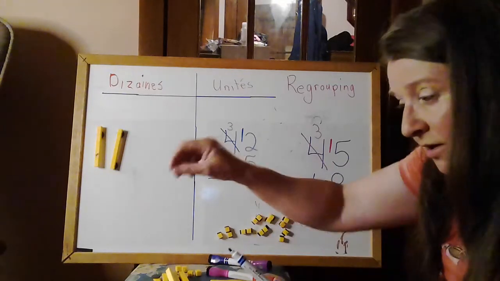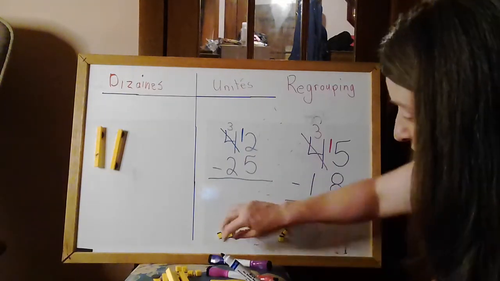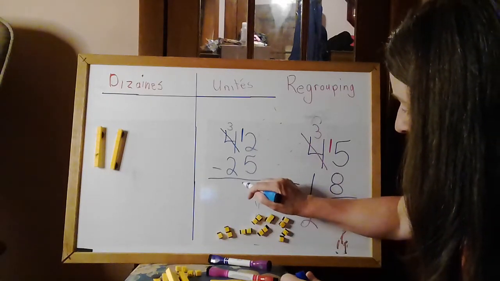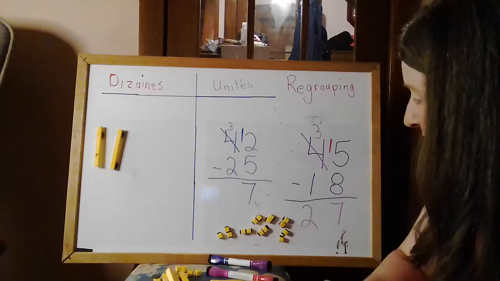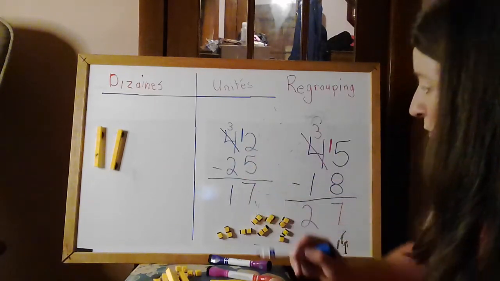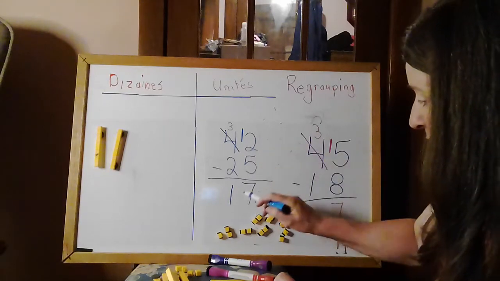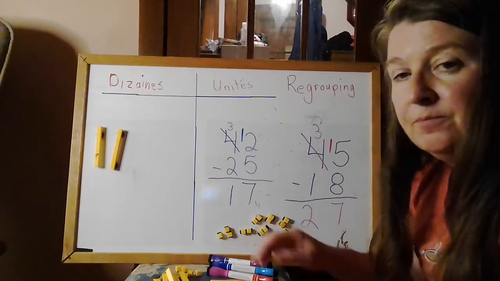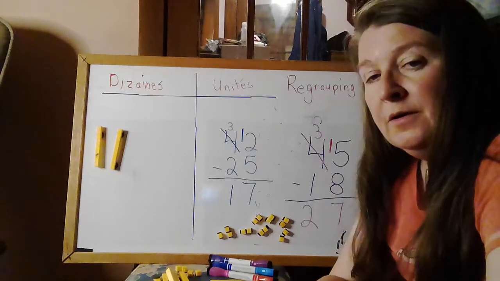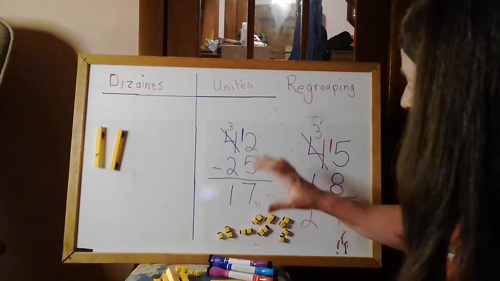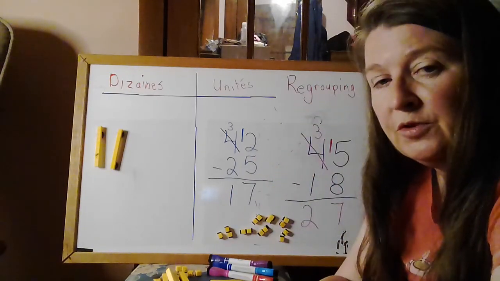And if I need to check it, I can lay out my blocks to double check it. 12 take away 5, that's going to give me 7. 3 take away 2 is going to give me 1. So 42 take away 25 will give me 17. Okay, boys and girls? And that is how we do our subtraction with regrouping.